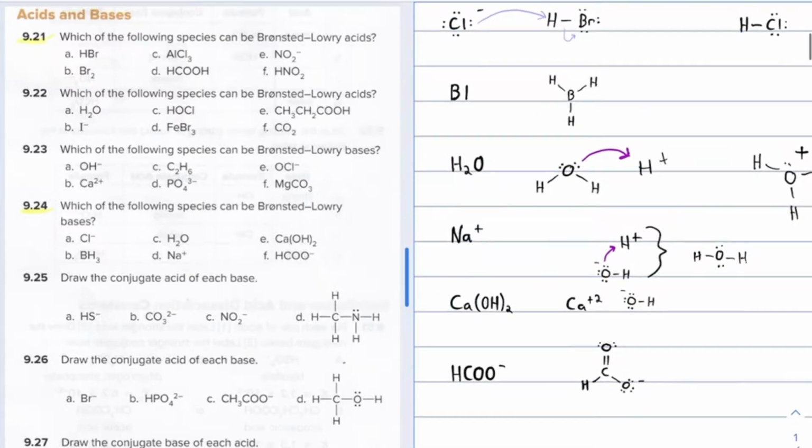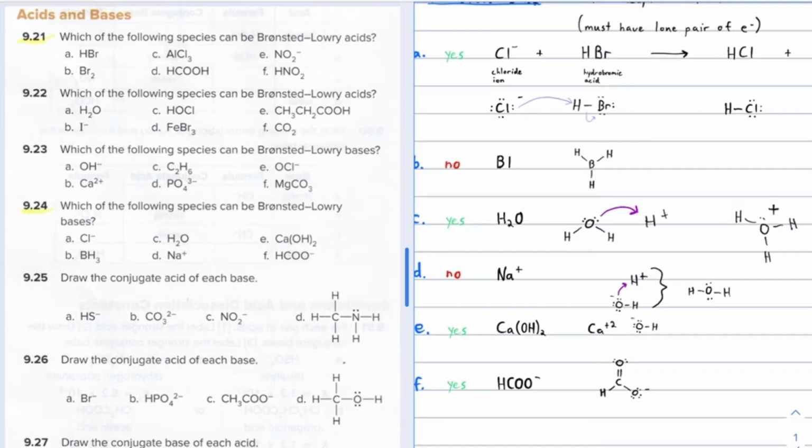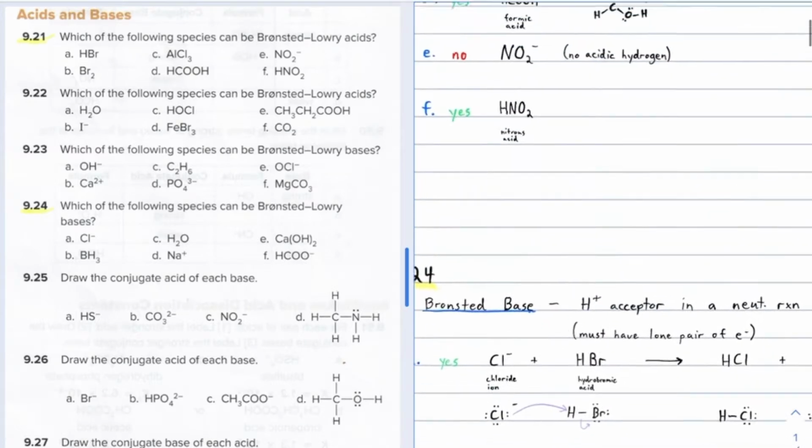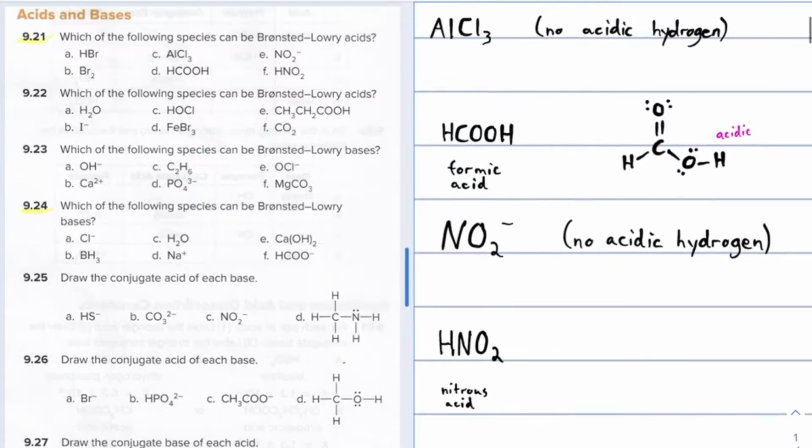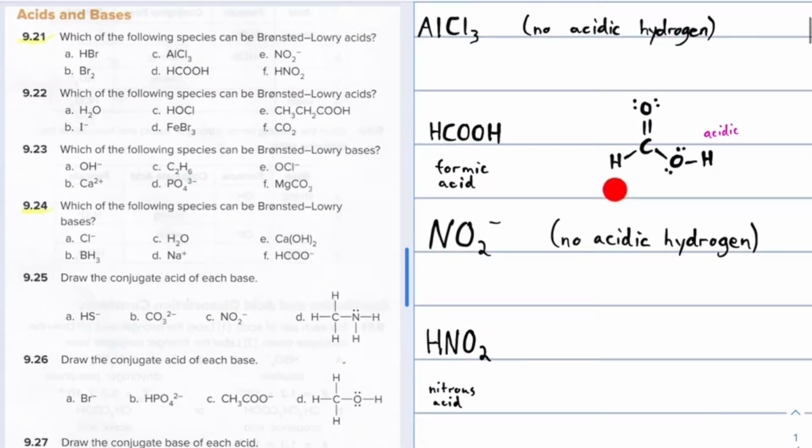The last one is the formate ion. Now, formate is very closely related to formic acid that we saw in number 21. Here's formic acid. Now, this is an acid.